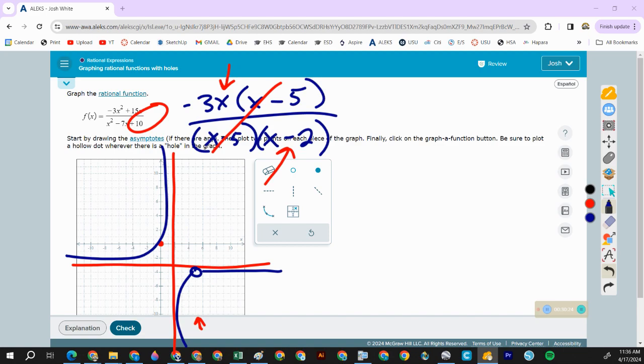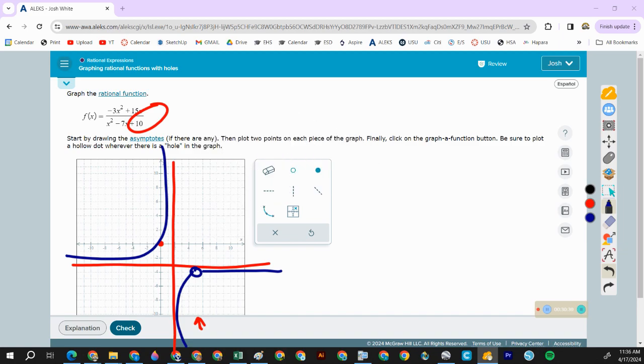Okay? And so it wants you to plot 2 points on each side of the graph. Well, I know that that is a point. And if that's a point, these graphs are symmetric. So if this is up 3 over 2, if I go down 3 over 2, that's going to be a point as well.